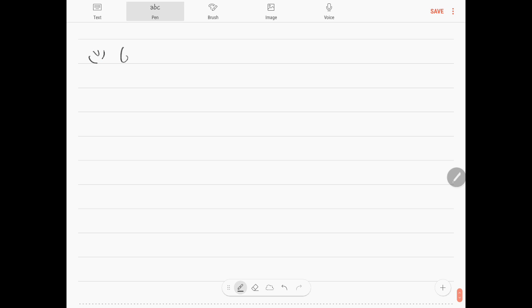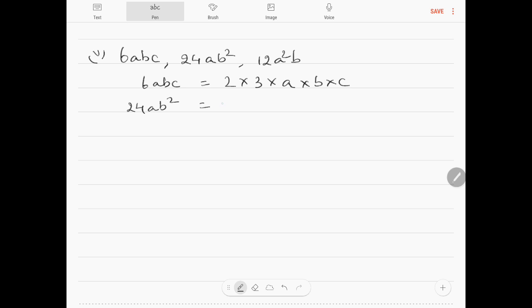Problem number 5: 6abc, 24ab square, 12a square b. 6abc is equal to 2 into 3 into a into b into c. 24ab square is equal to 2 into 3 into 2 into 2 into a into b into b. 12a square b is 2 into 3 into 2 into a into b.